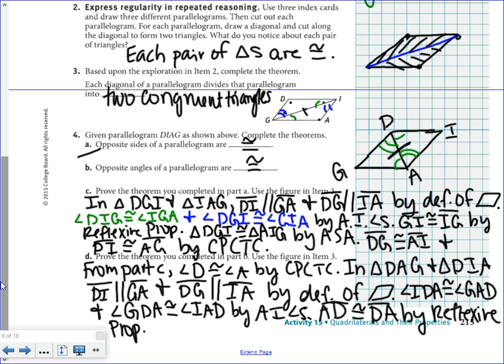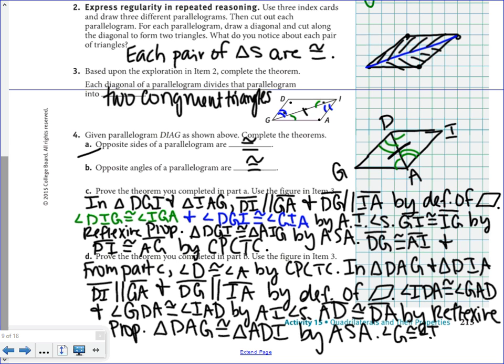So triangle DAG is congruent to triangle ADI by angle side angle. And then if our triangles are congruent, the corresponding parts are going to be congruent, which means angle G has to be congruent to angle I by CPCTC. And so that proves that the other pair of opposite angles would be congruent, proving your opposite angles are congruent for your parallelograms.